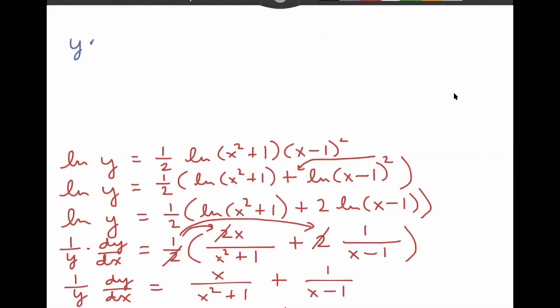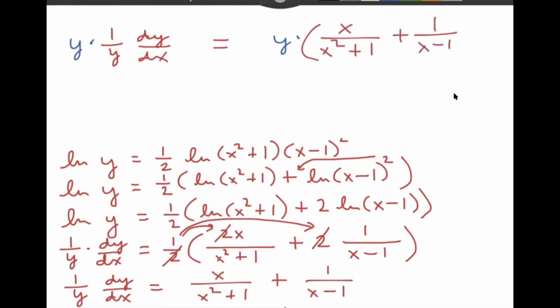So y times 1/y dy/dx equals y times x over (x squared plus 1) plus 1/(x minus 1). And then just rewrite that y back in terms of x. So remember what y was? It was natural log.